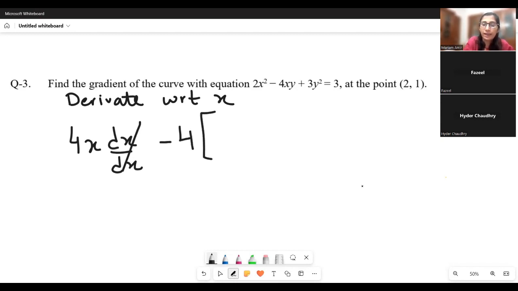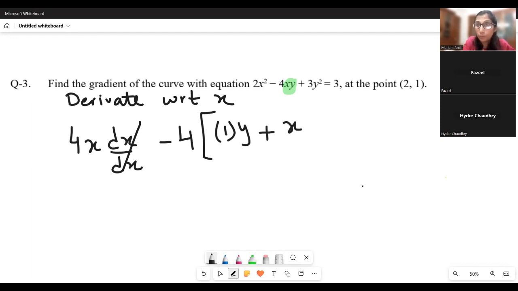And now it's xy. How do we differentiate xy? We use the product rule. So the product rule would be differentiate x, which is 1, or you may also write dx over dx, and then just multiply the second function, which is y, with it, plus sign, multiply the first function x, and now differentiate y.